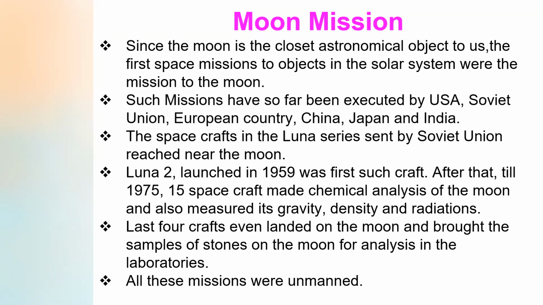The last 4 crafts even landed on the moon and brought samples of the stones on the moon for analysis in the laboratory. See, the last 4 spacecraft of the lunar series landed on the moon and got the samples of the stones for analysis in a laboratory.